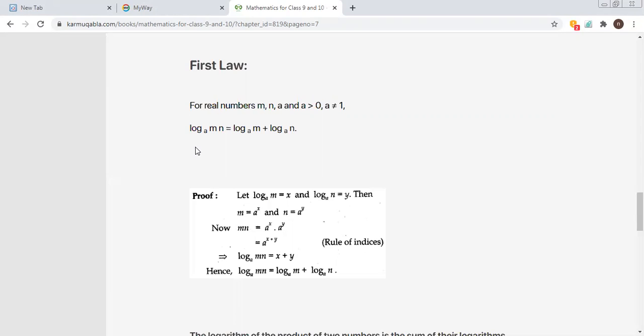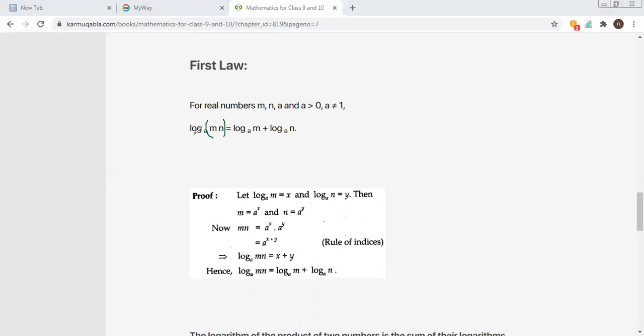When we have log a of mn, and the terms are in multiplication, then it will be equal to log a m plus log a n. When two terms are multiplied inside the logarithm, you open it as log a m, write a plus sign in the middle, and then log a n.